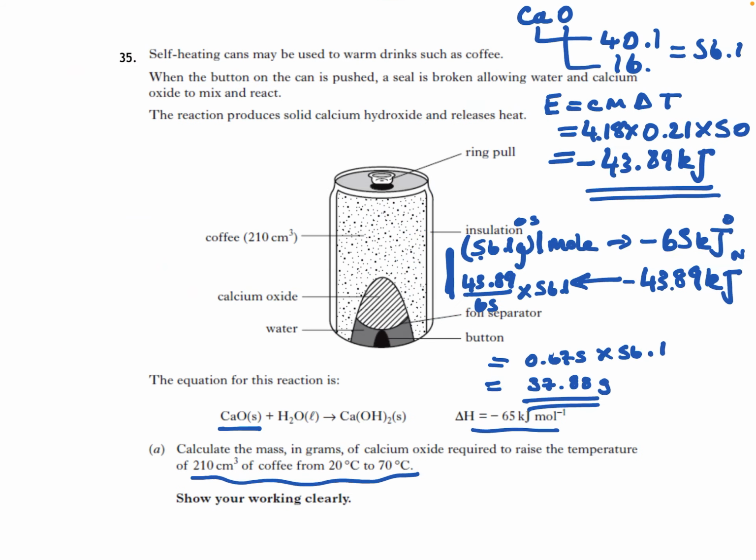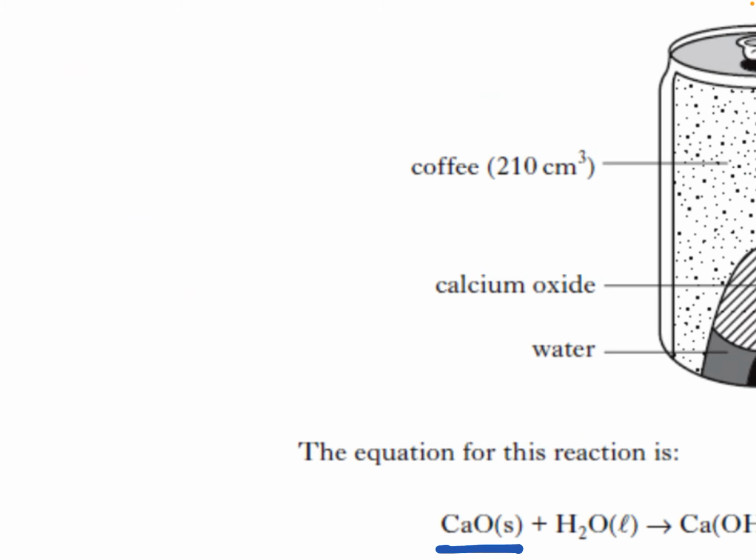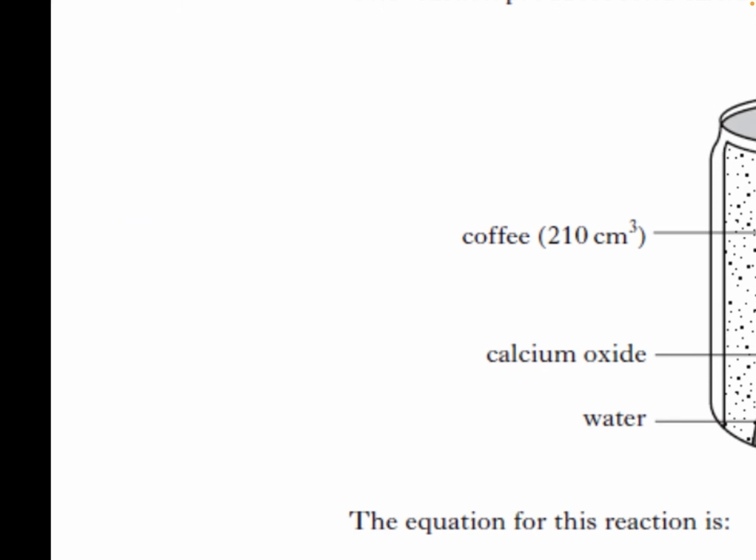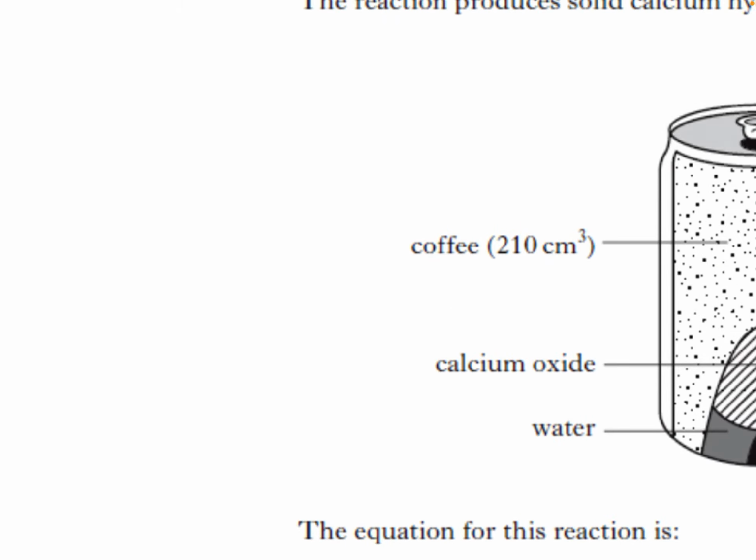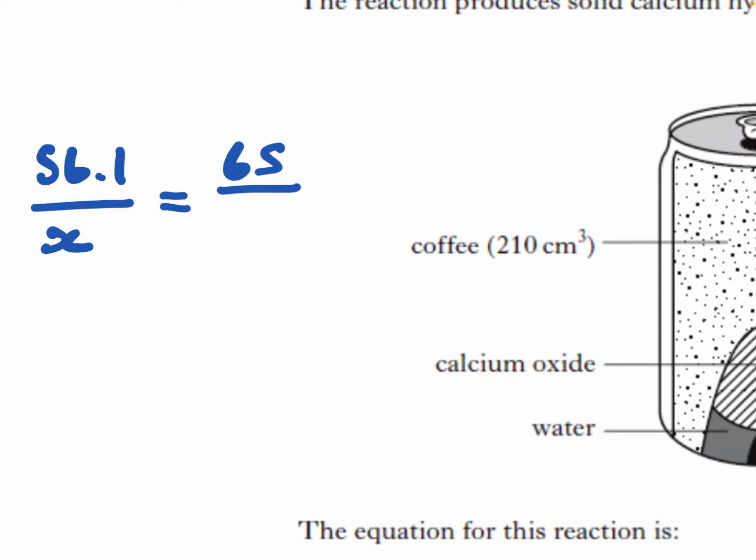If you wanted to do that by cross multiplication, I'm going to do it on this side. So you were doing 56.1 was your mass for 1 mole, divided by x is the same as 65 divided by 43.89.